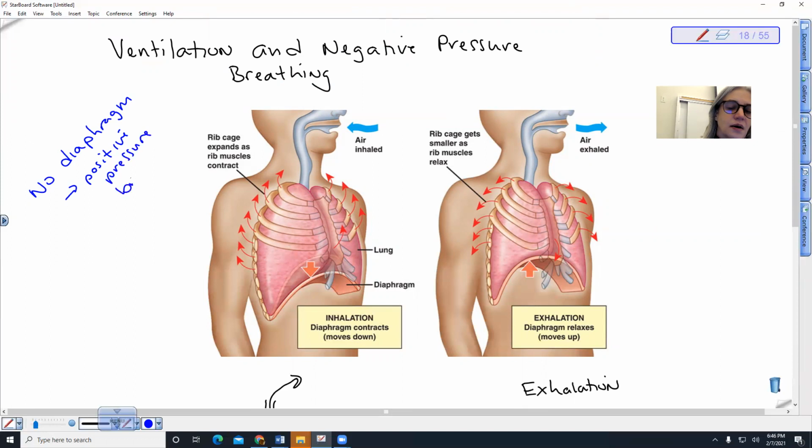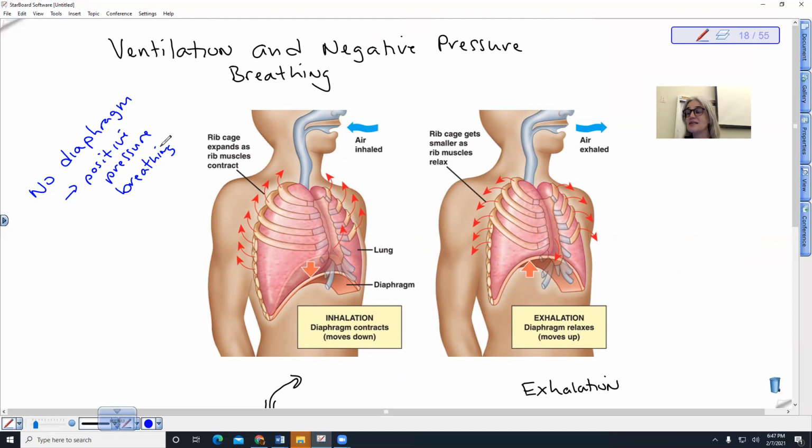And that takes energy. And I would imagine it's kind of pretty annoying having to gulp your air and force it into your lungs. So that is the advantage that mammals have. Remember, birds are also endothermic, right? And they have a different mechanism of moving air into air sacs and through the lungs in one direction.